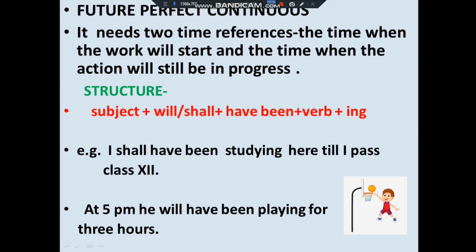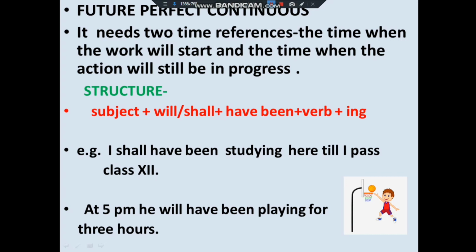So, in future continuous tenses, the action begins at some time and is still going on at a certain point of time in the future. Okay, children? So again, I want to say that we focus on the importance of the duration of time.